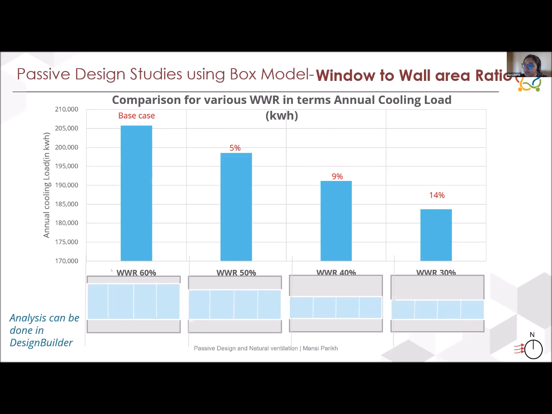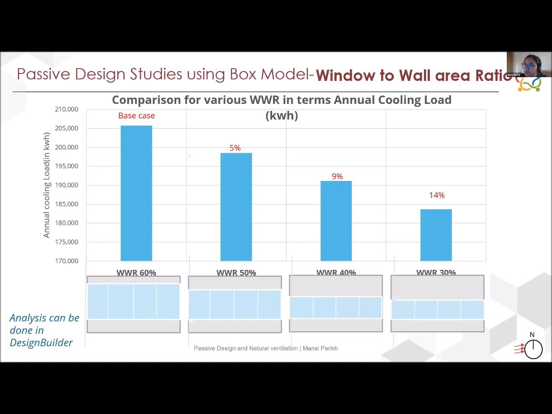As you can see, for WWR 60%, it is roughly around 2,05,000 kWh annual cooling load. And at WWR 50%, your annual cooling load is somewhere around 1,98,000 kWh. So what I did was simply calculate the difference between the same, and that is converted into terms of percentage. The way you get 5% is 2,05,000 minus 1,95,000, which is for 50%, and then you divide it again by the base case consumption.